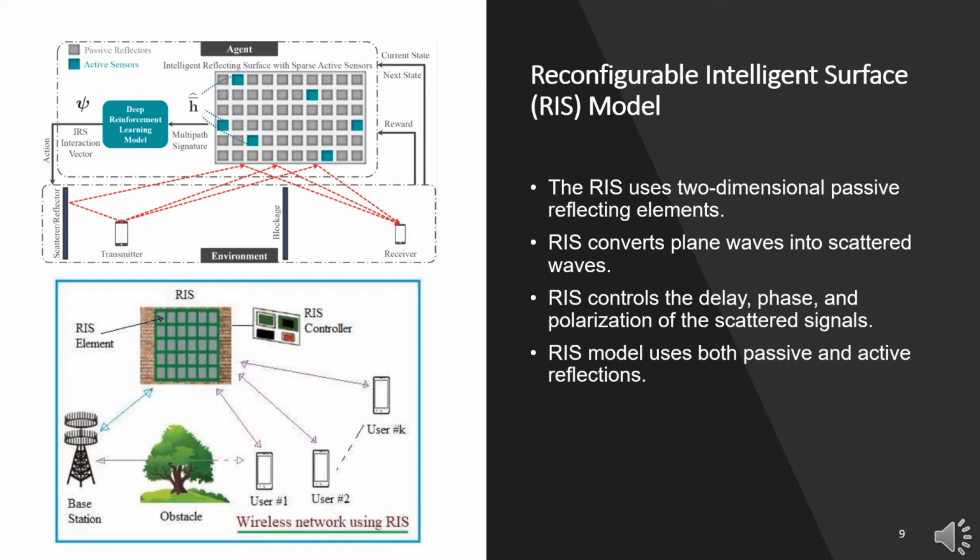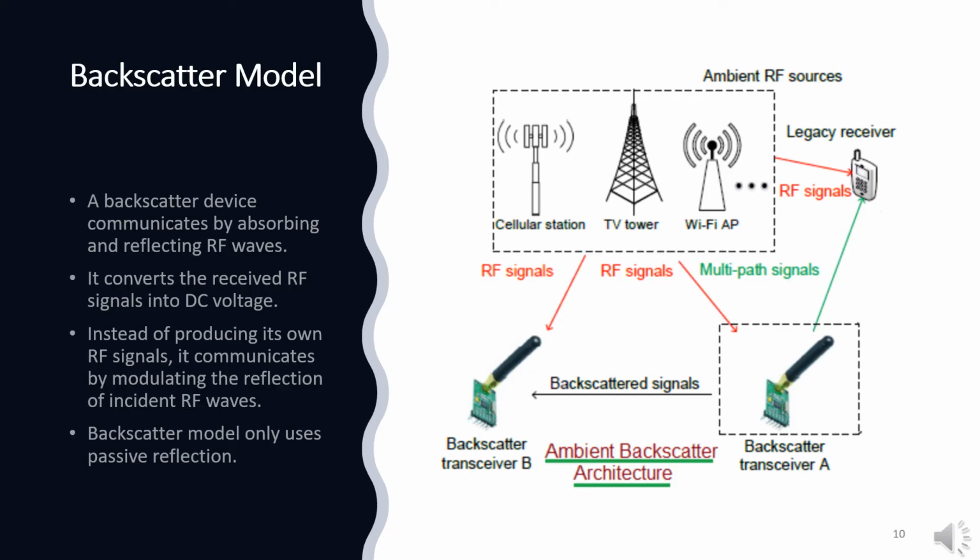Therefore, if there isn't a direct line of sight between the transmitter and the receiver, the signal will hit the intelligent reflecting surface, causing the IRS to convert the wave and scatter it. The IRS controller can control the phase delay and the polarization of the scattered waves.